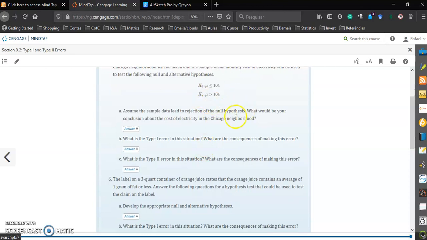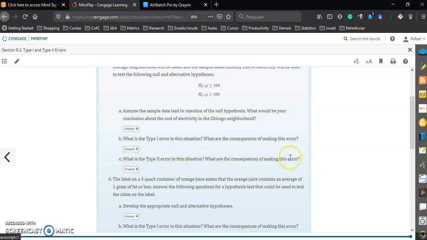And think about people maybe making decisions about moving to this neighborhood or not. They may be taking into account these results, and they may think that now it's very expensive, but in fact it's not.